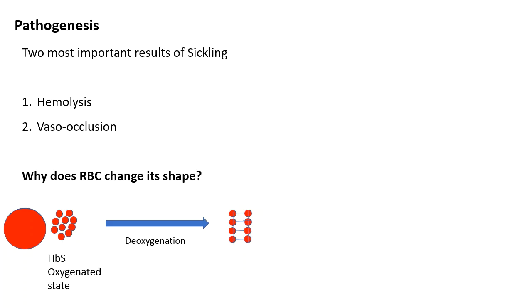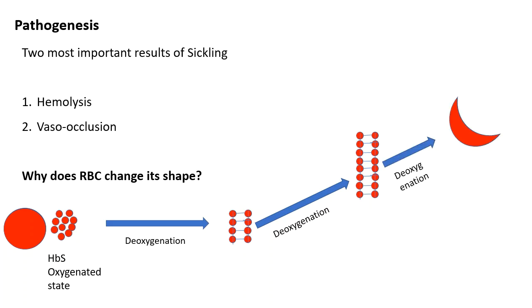That is, they are now no more in the soluble state, they come into the gel form. They start making polymers. If further deoxygenation occurs, this polymer length increases up to almost 14 Hb molecules forming the polymer. And just imagine, this kind of a structure cannot fit into a biconcave shape, and therefore the shape changes to sickle.